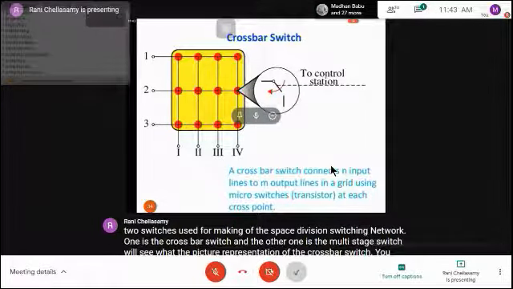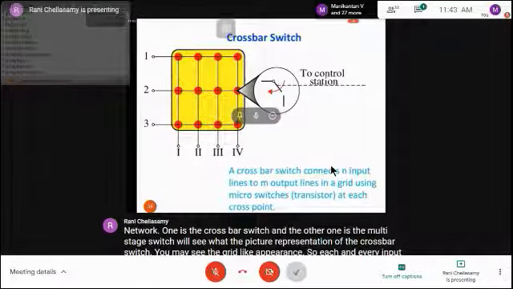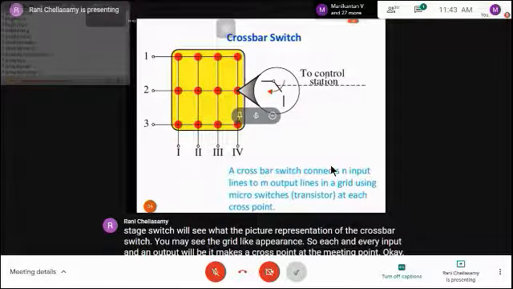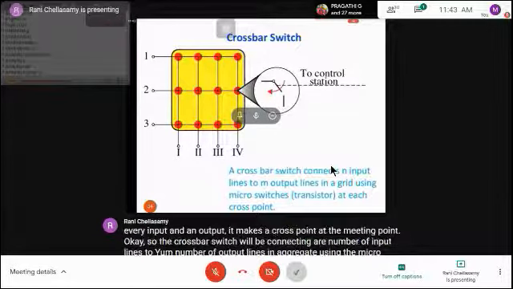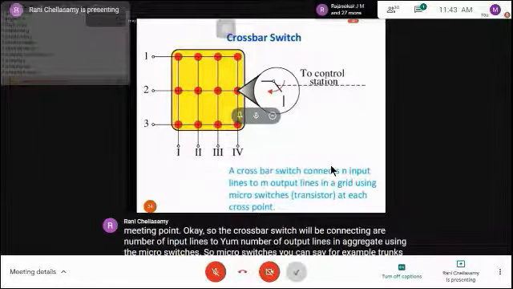The crossbar switch connects n input lines to m output lines in a grid using micro switches, for example transistors. So at each cross point, we'll have a transistor to control the stations.